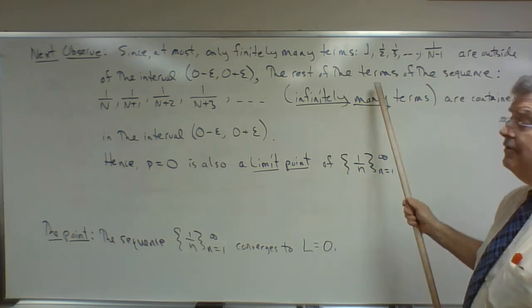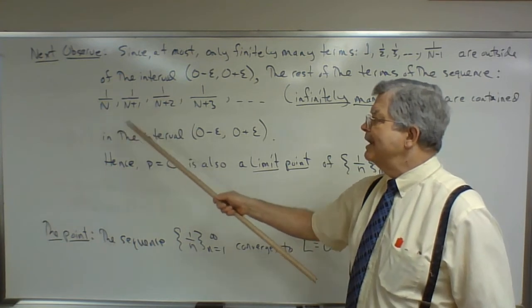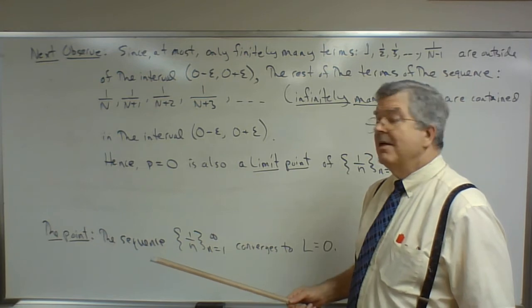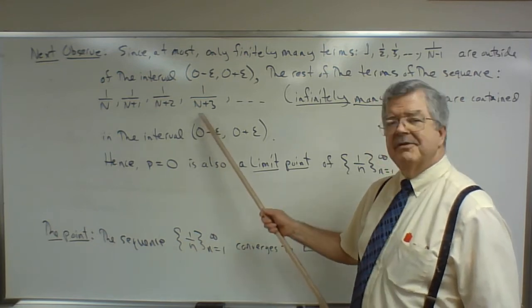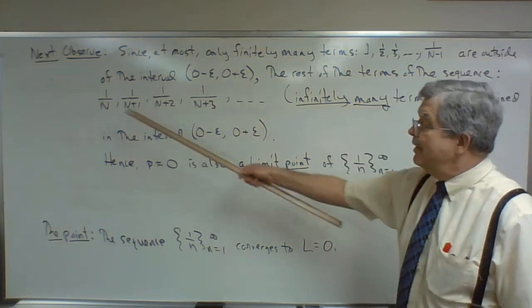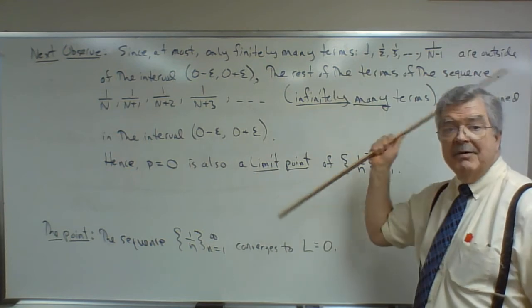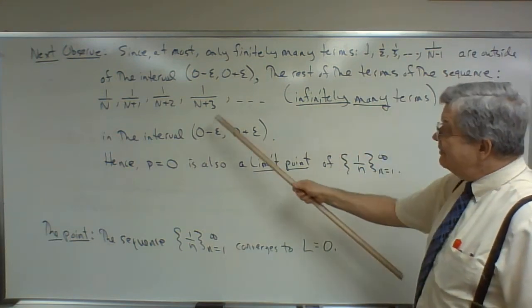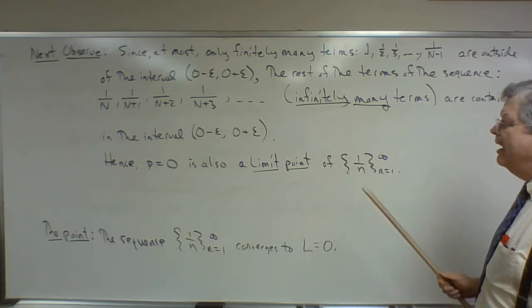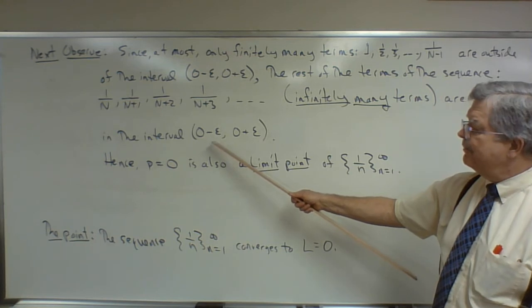the rest of the terms of the sequence, 1 over n, 1 over n plus 1, 1 over n plus 2, so forth and so on, infinitely many of them, all the way to infinity, are contained in this interval.